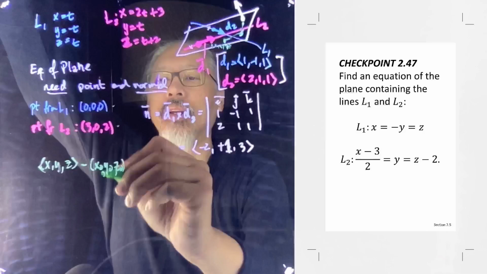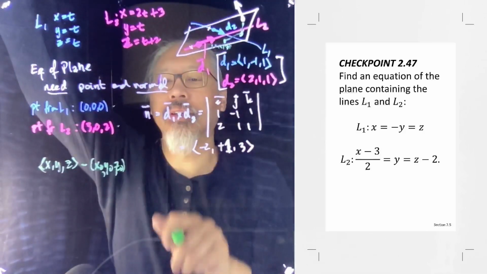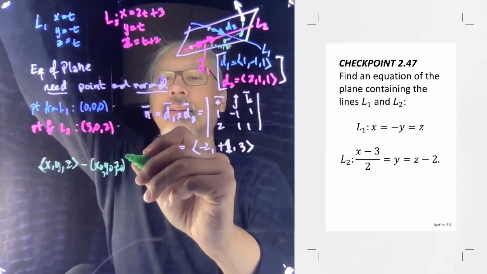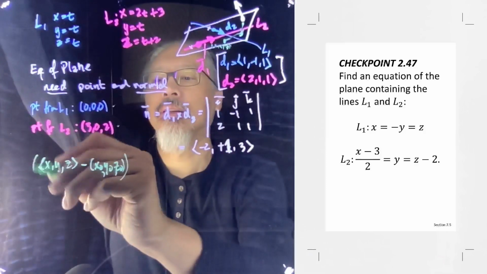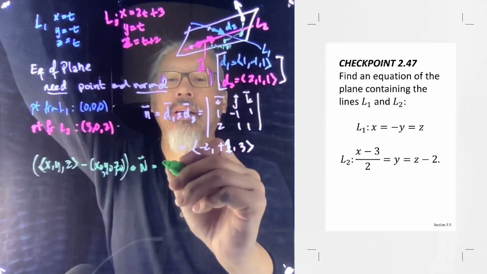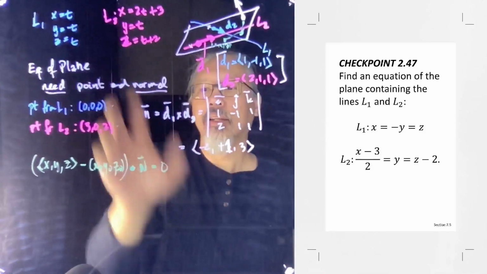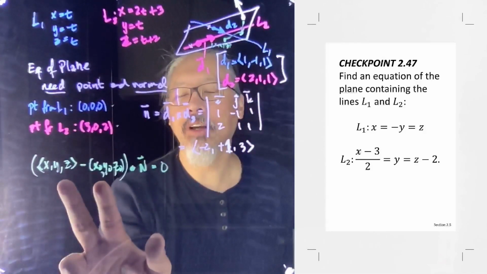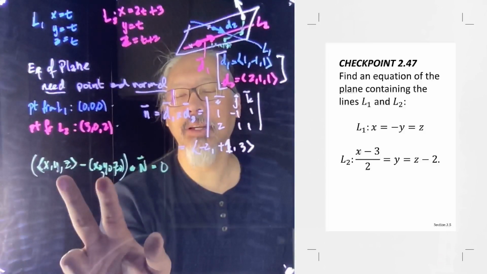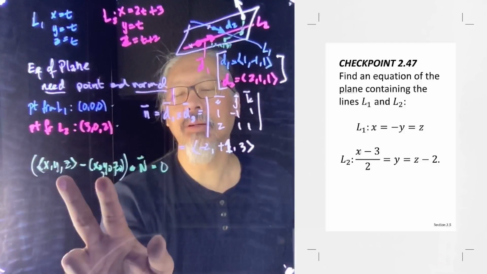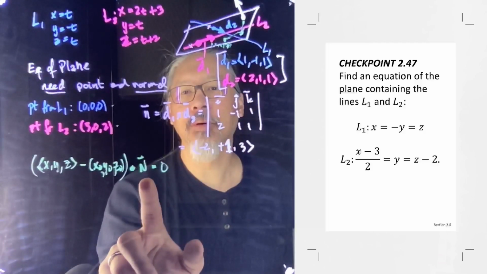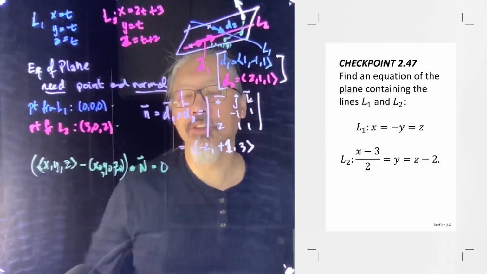And by x naught, y naught, z naught, I mean it's either one of these two. And we're going to dot that with the normal vector. Because this vector connects these 2 points, which are supposed to be on the plane, when you subtract them you'll get a vector that's still on the plane, and this normal is supposed to be perpendicular, so when we take the dot product, it should equal 0.